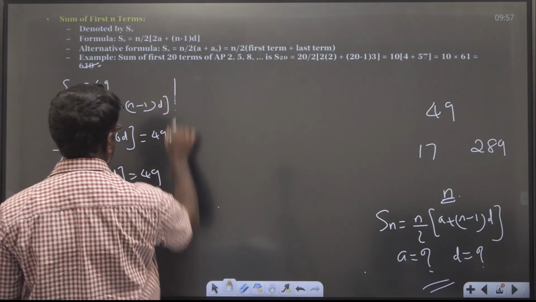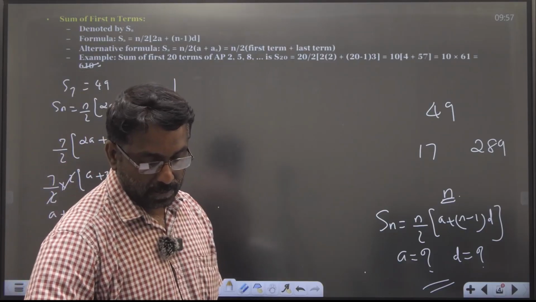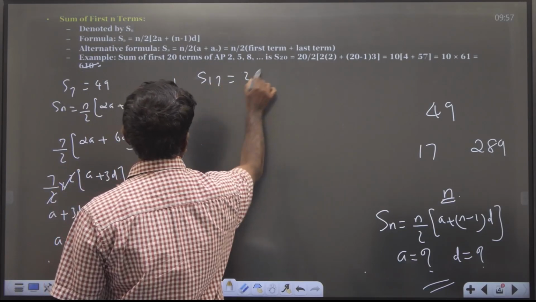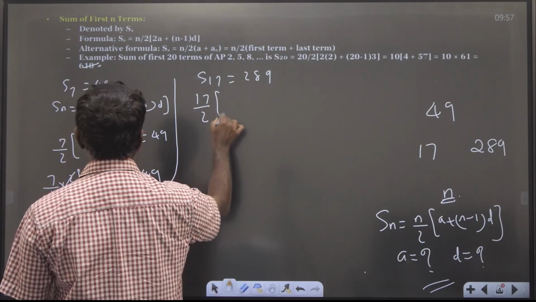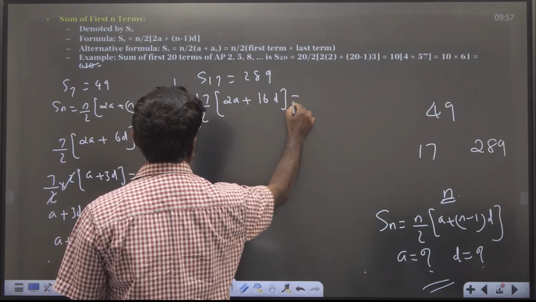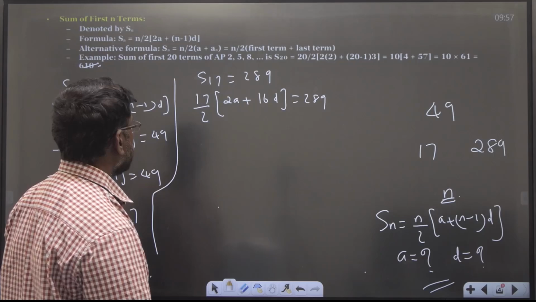And one more condition is given. What is the next condition? S17 is equal to 289. Use the same formula. 17 by 2 into (2a plus (17 minus 1), that is 16d) equals 289.